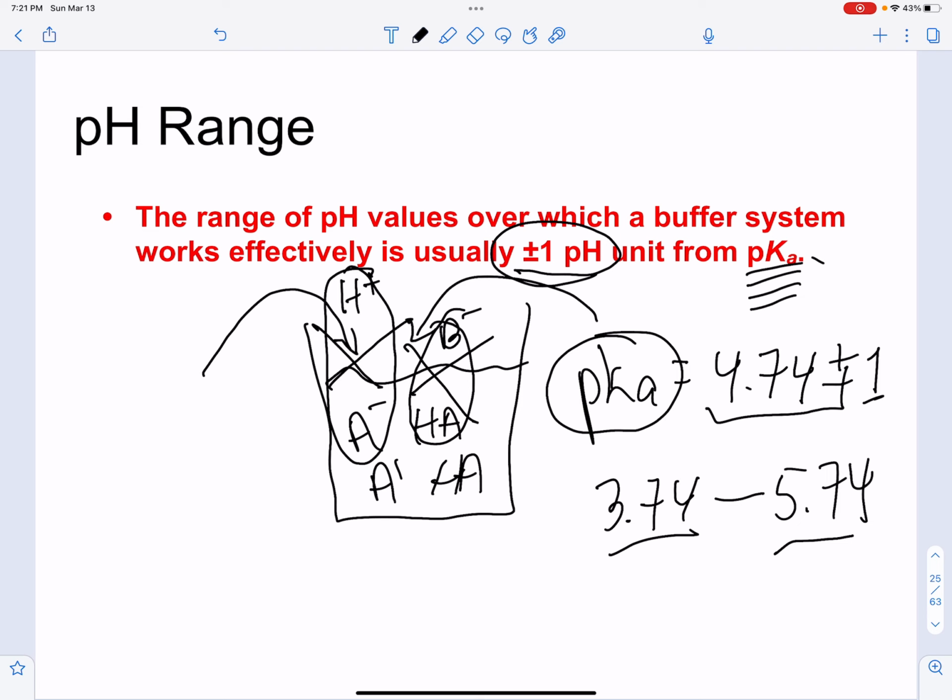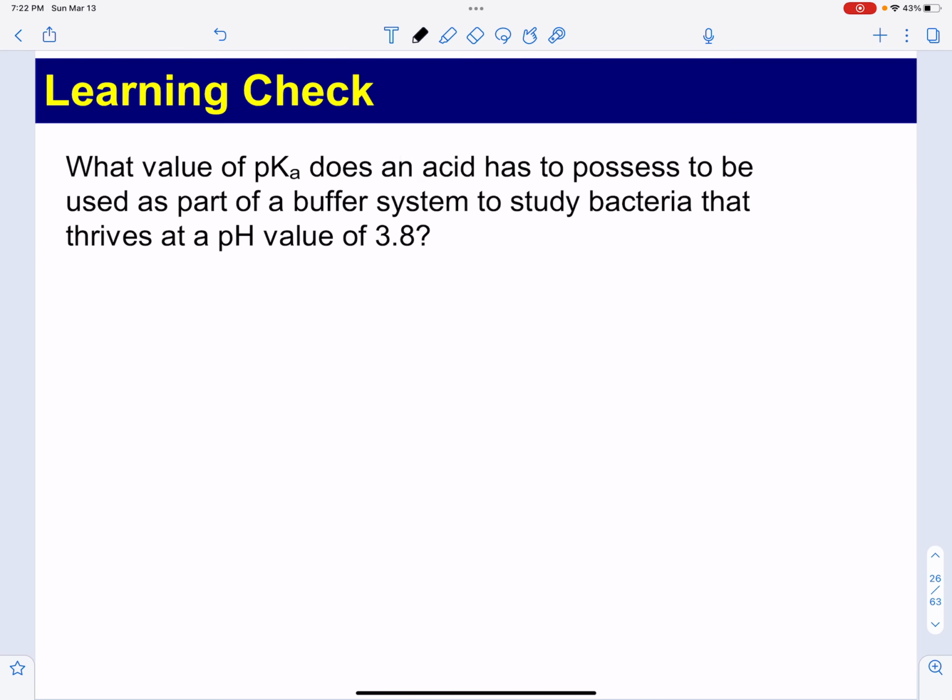If you want to do a system, for example, like the example I gave you before, where you have bacteria that thrives at pH 7 neutral, then this buffer wouldn't be good for you because this buffer is only good plus or minus 1 unit from the pKa value. So let's see how we can use that.